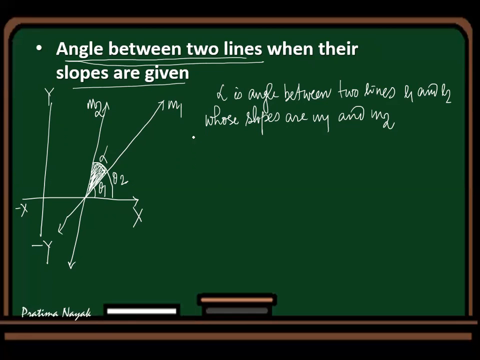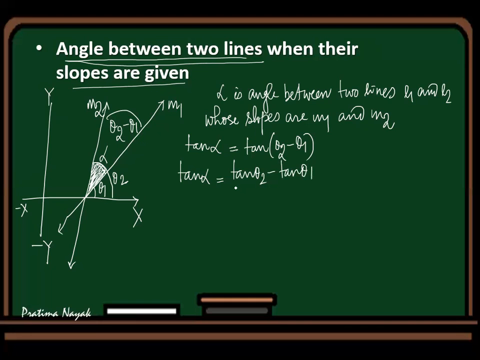Then I'll take the help of the tangent function. I'll take tan alpha. So what is tan alpha? Alpha is equal to nothing but theta 2 minus theta 1. So tan of theta 2 minus theta 1. Now recall the formula from trigonometry. This will be tan theta 2 minus tan theta 1 upon 1 plus tan theta 1 into tan theta 2.